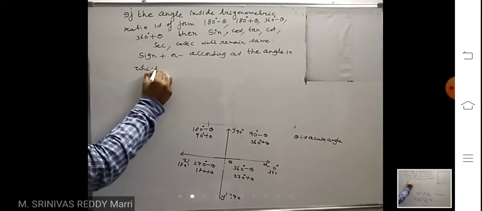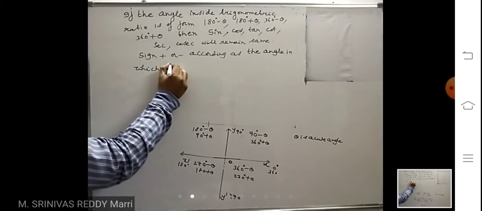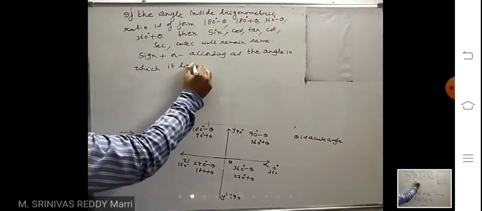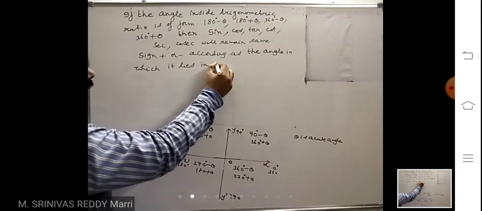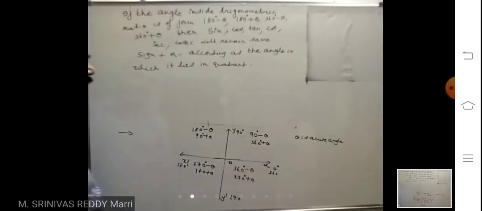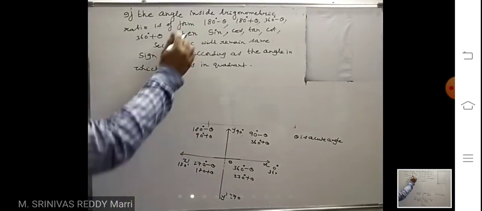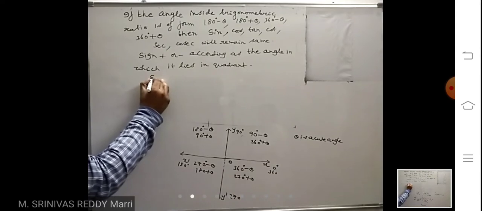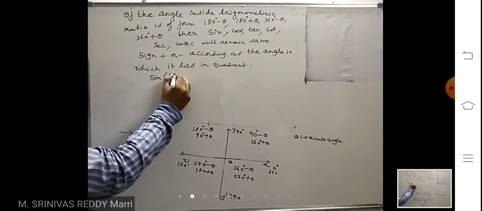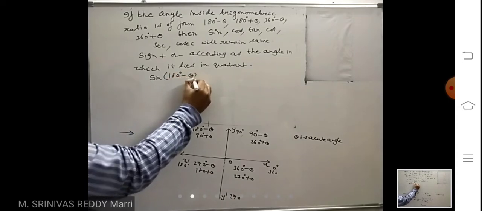Suppose you take the angle of the type 180 degree minus theta.